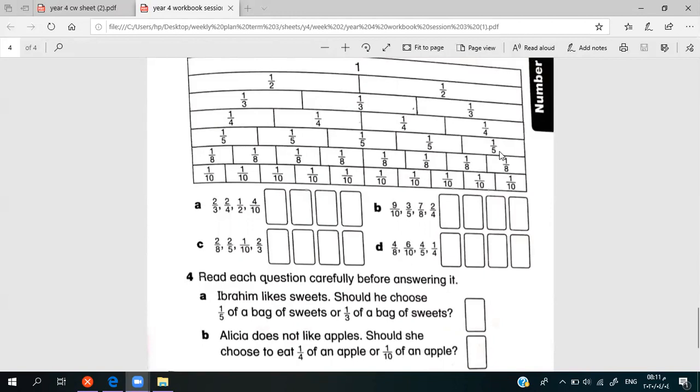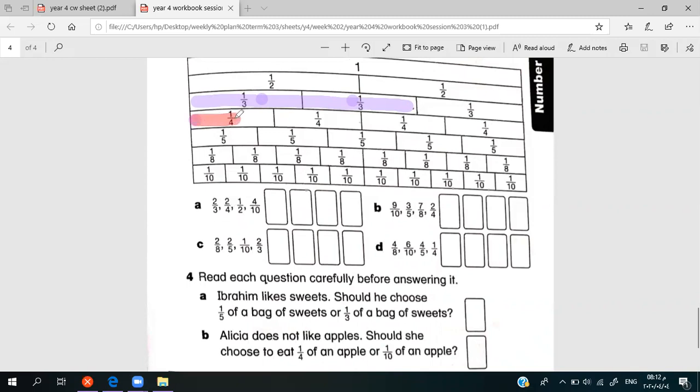Let us see. The first thing is 2/3. Where are the thirds? These are the thirds. He wants 2/3. One second. 2/3. So it's this and this. Here is a third and here is a third. So that's 2/3. Then 2/4. Where are the fourths? It's divided into 4, here. He wants 2. Let me do it with another color.